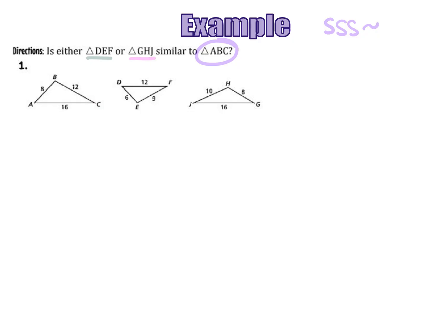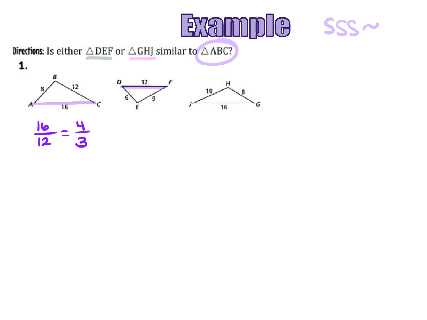I'm going to start with the first 2 here. If I look at triangle ABC and compare the longest side there to the longest side in triangle DEF, I'm going to write this as a ratio and simplify. So 16 over 12, those are both divisible by 4, which would give me 4 over 3.